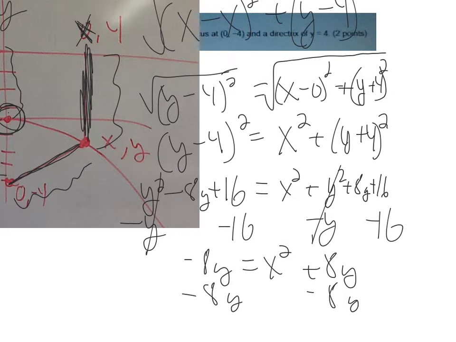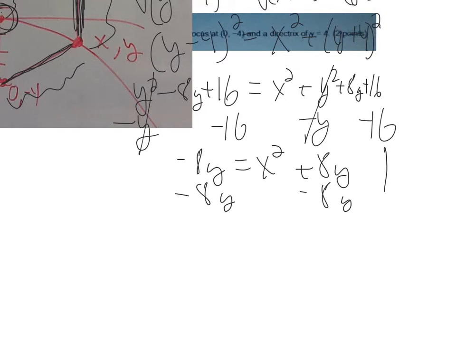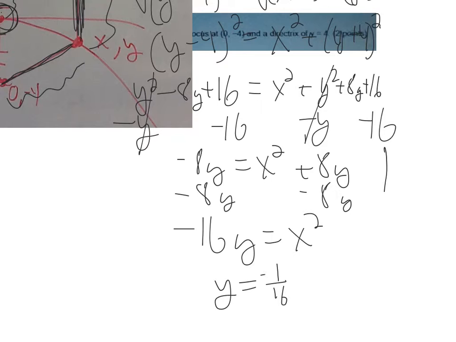That leaves me negative 16y equals x squared, and if I divide by 16, I get y equals negative 1/16 x squared. And that's the equation of that parabola that has those characteristics.